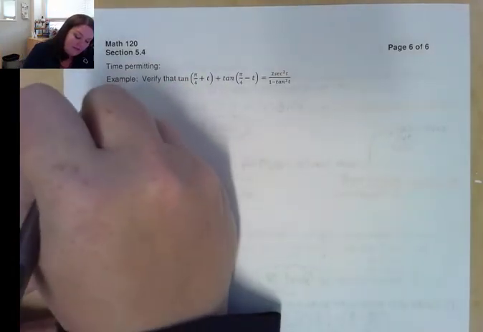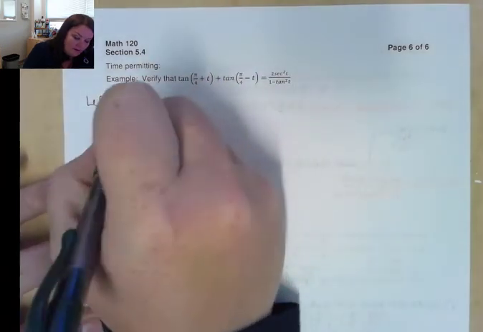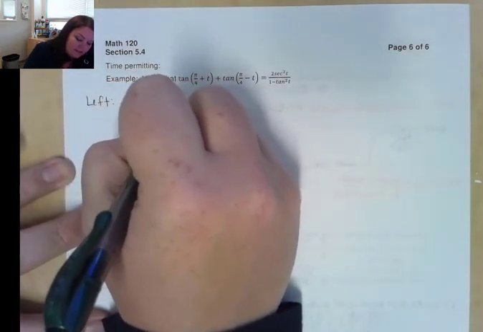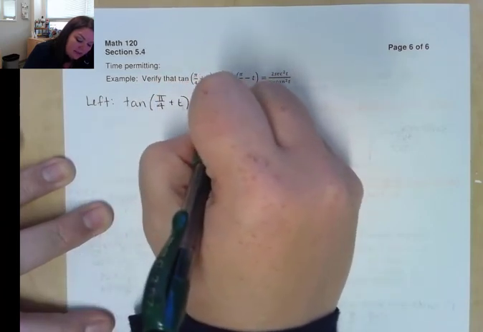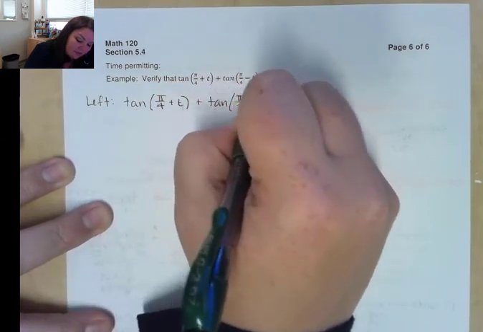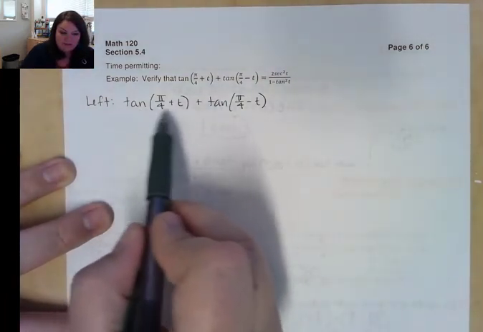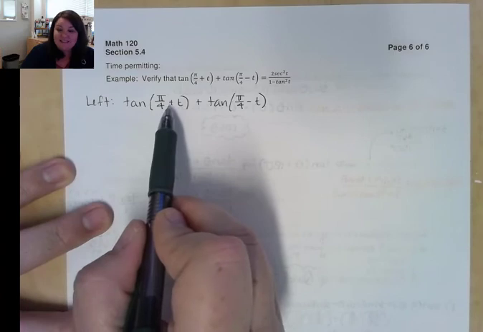So I'm going to start with the left-hand side, and I'm going to do tangent of pi over 4 plus t plus tangent of pi over 4 minus t. So I'm going to plug this one into my tangent formula for an addition.